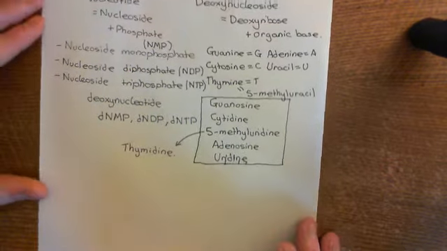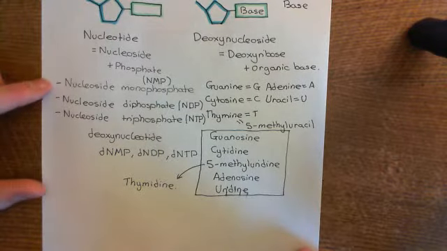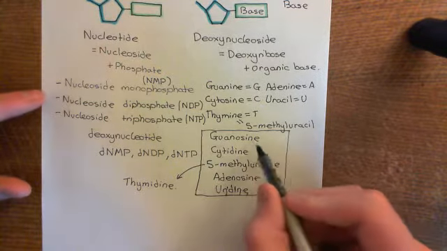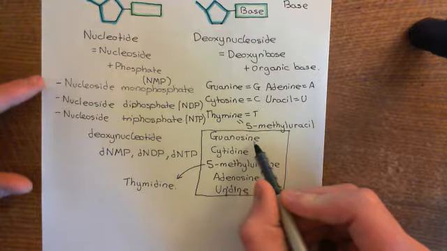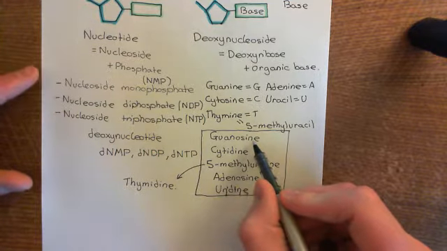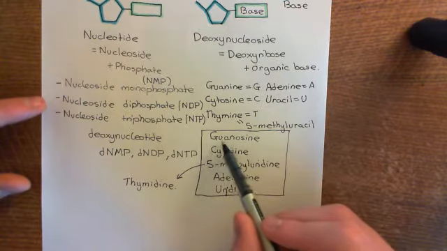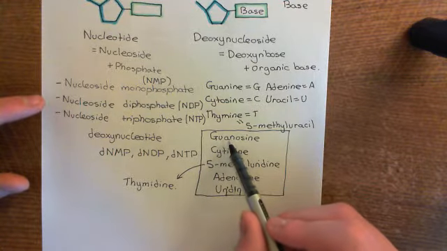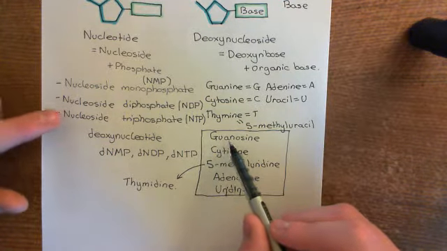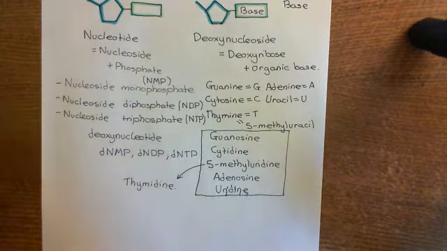And then if you want to create the nucleotide, for instance guanine bound to deoxyribose bound to 3 phosphates, that would be called deoxyguanosine, which is the guanine bound to the deoxyribose, and then you just put triphosphate after it to show how many phosphate groups you have.